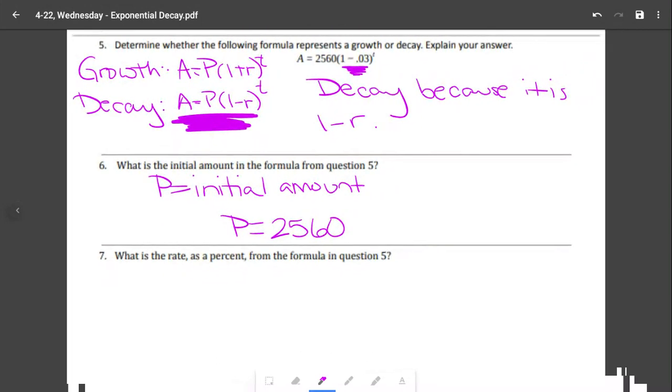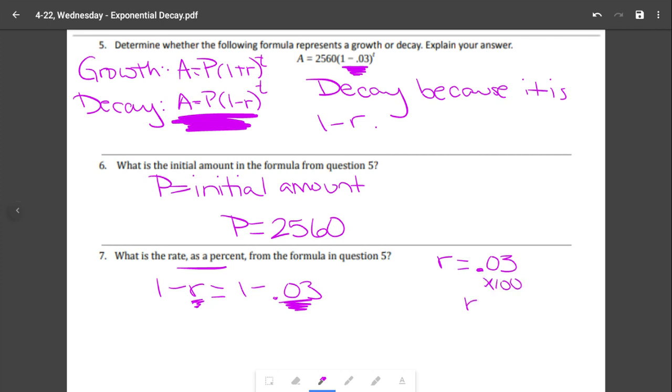Question 7, what is the rate as a percent from the formula in question 5? Well, that 1 minus r gave me that inside right there. Now you could just recognize here and match up that the r is what is being subtracted. So r is that 0.03. Times it by 100 to make it a percent again. So you get 3%.